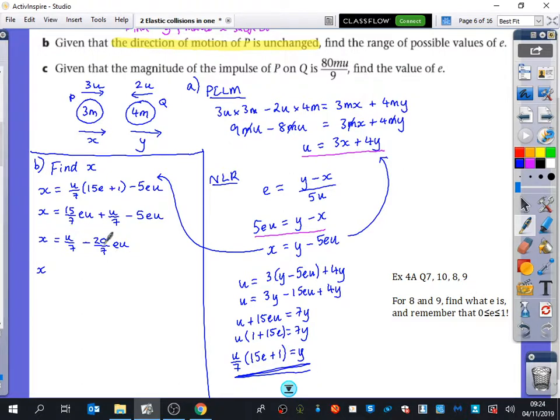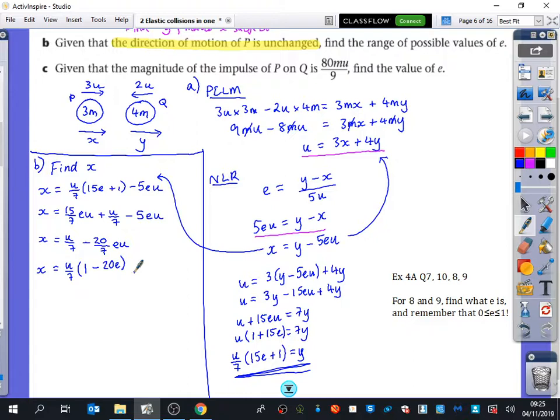This is technically an answer, but I want you to be in the habit of knowing that all of these questions always make it look like this. So we'll just factorize out the u over 7. We get u over 7 (1 minus 20e). So now we know what x is.